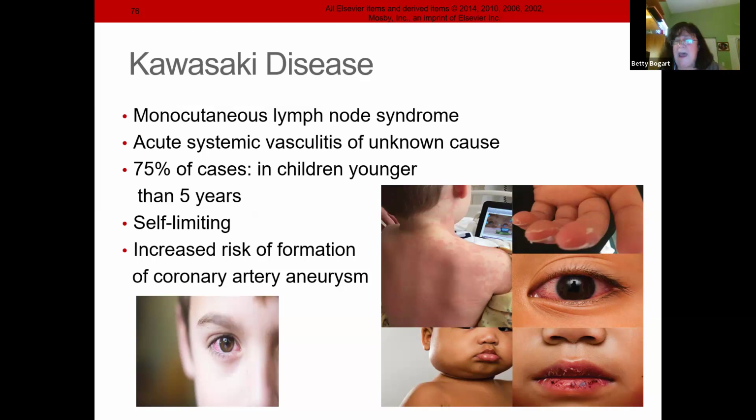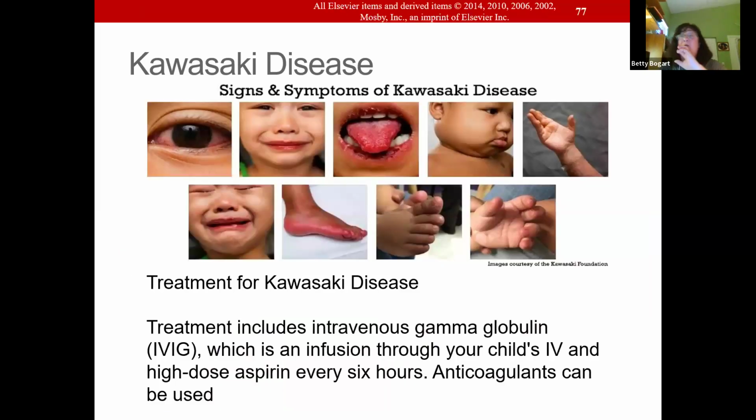You might see a rash, peeling palms of the hands and the soles of the feet, maybe even blistered. If you look, you see the lips all red and cracked, strawberry tongue. And I'm telling you, the biggest, brightest red eyes, they almost glow in the dark. Now, it is viral, but you're worried about the vessels and the heart. So, how do we treat this?